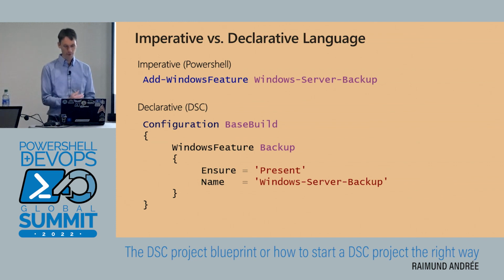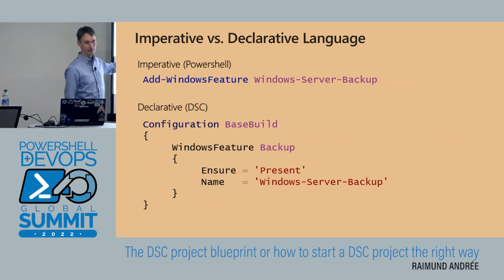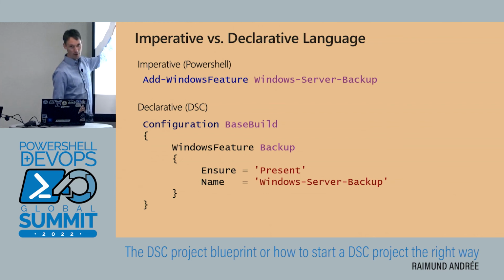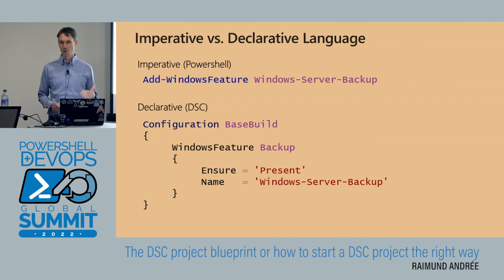Imperative versus declarative. We've heard that a number of times, and there's also a session about idempotency here. Pretty difficult word, and I've learned it when I first met DSC. And what we can see here is that the declarative array is much larger, or takes more characters, more lines than the imperative array, but only if you are doing your automation in a non-imperative way.